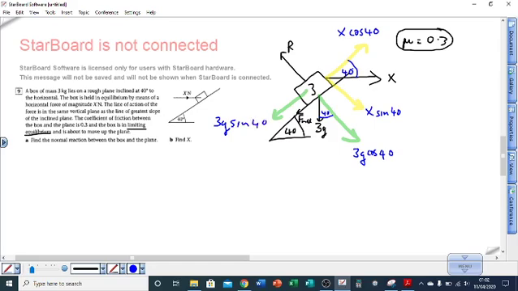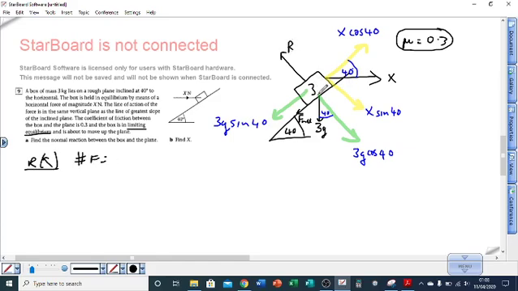Okay, so if I resolve in the perpendicular sense, with this way as positive, using Newton's second law, net force equals mass times acceleration.